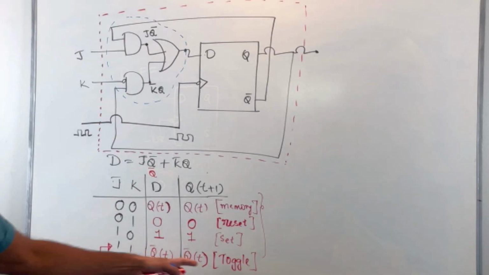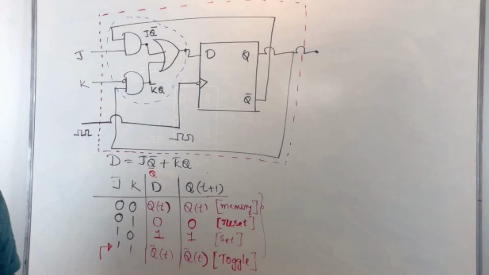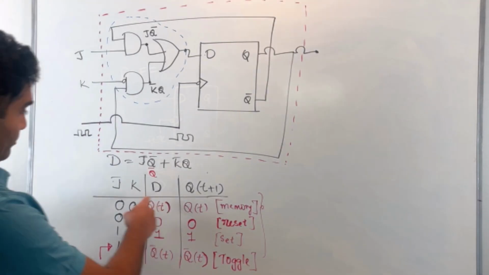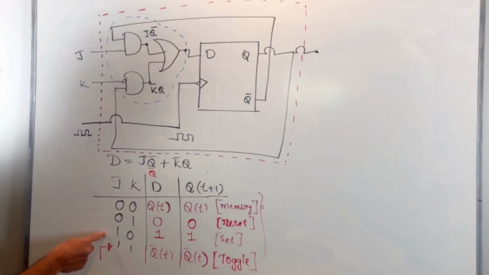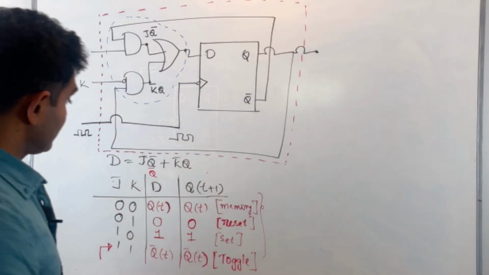Now to illustrate this better, we can take the aid of a timing diagram. We have seen the conditions 0, 0, 0, 1, 1, 0 for J and K inputs before, so we don't have to worry about them. The only condition that is new is 1, 1. So let's actually examine this.